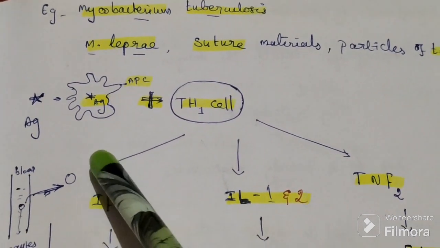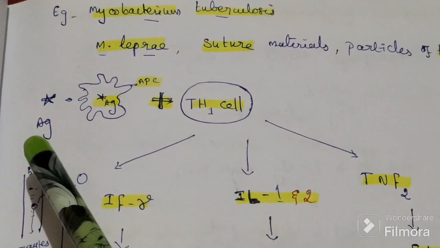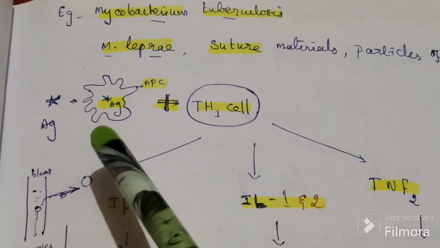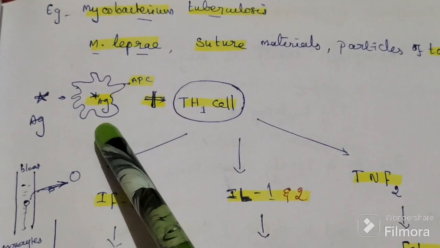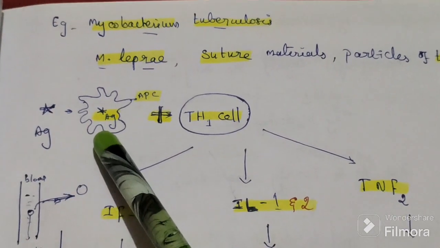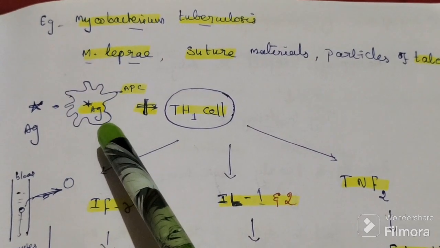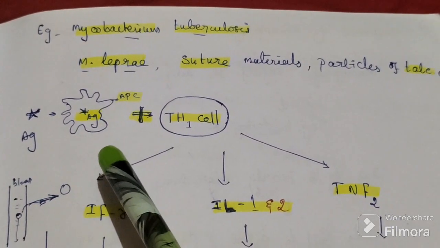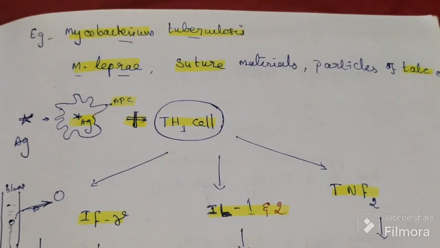This antigen presenting cell interacts with the antigen and tries to degrade it, but it is unable to do so. When it fails, it will present the antigen.